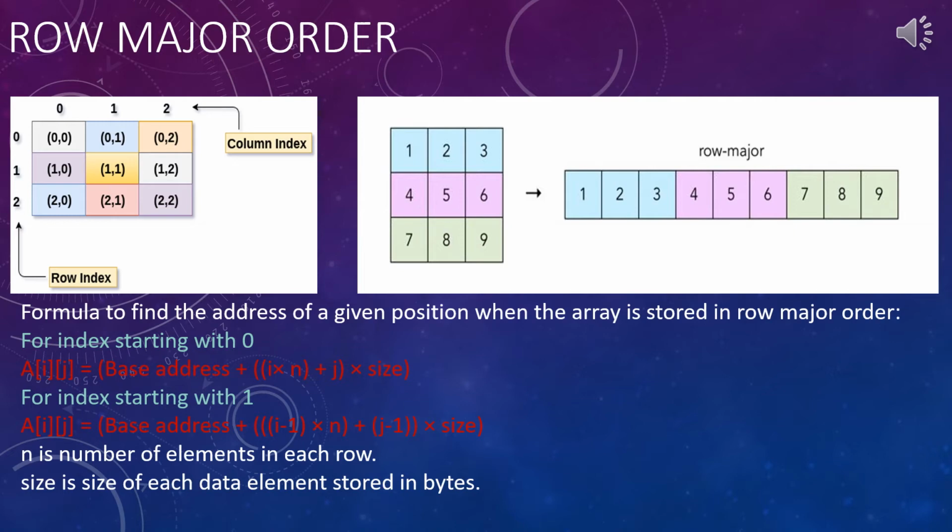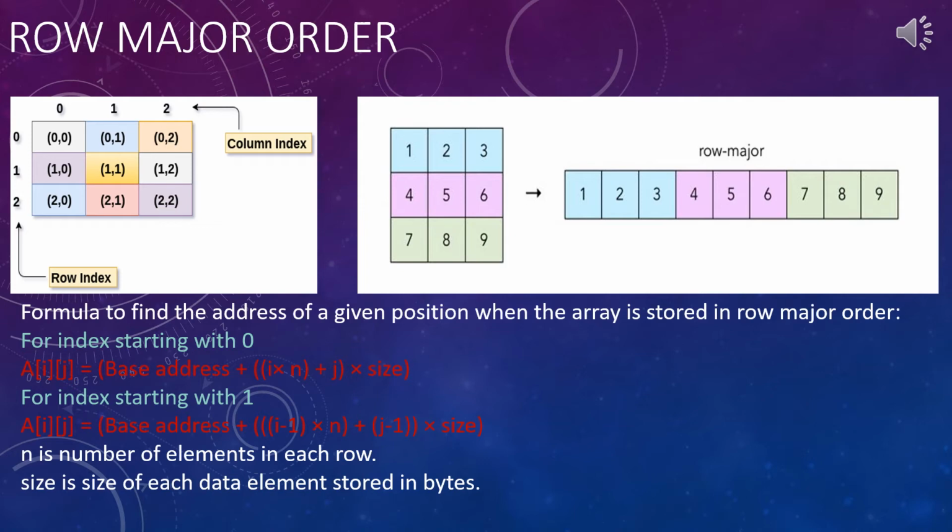Now in an array we know that given the base address and size of the data type that is stored, we can find the address of a given position. Let us see whether this is possible in this case also.